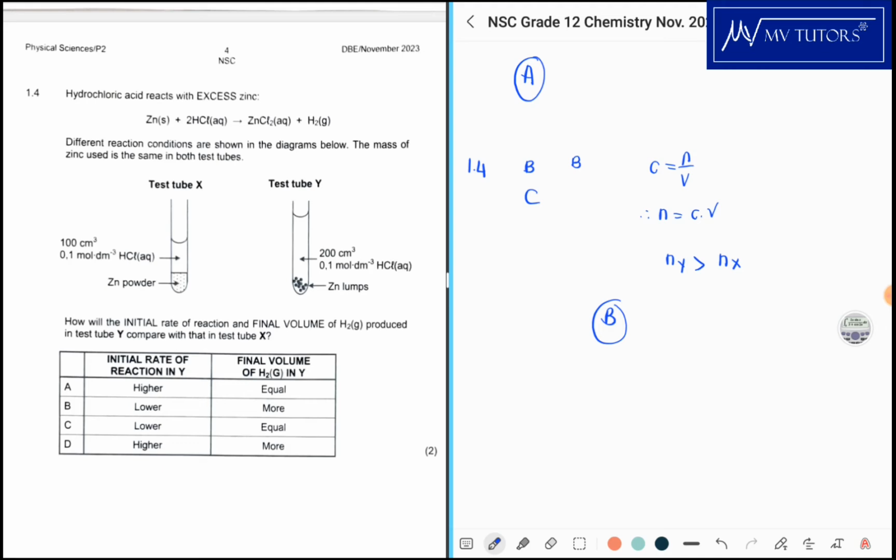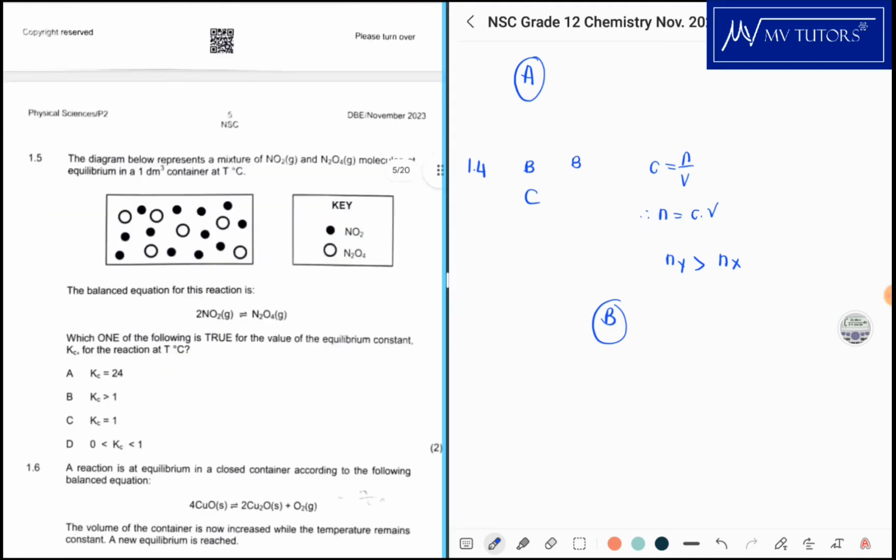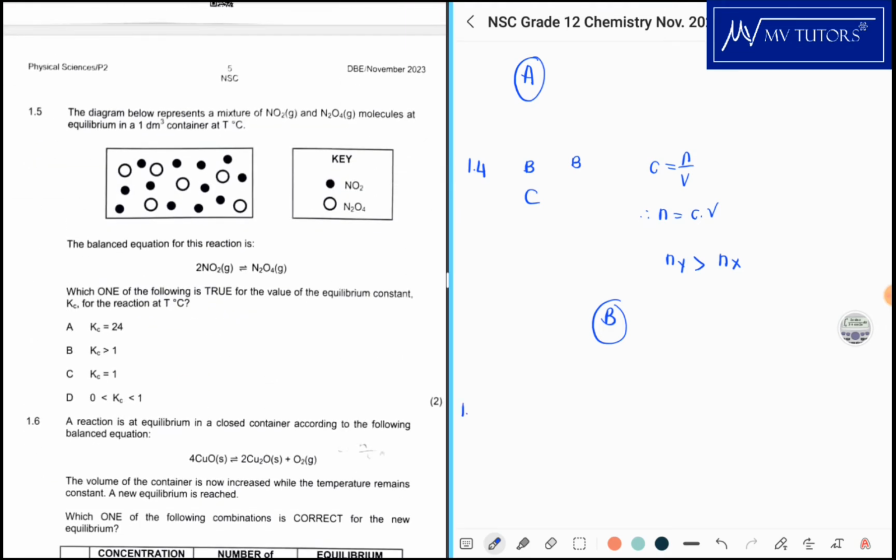Okay, and then now moving right along to question 1.5. It says the diagram below represents a mixture of nitrogen dioxide as well as dinitrogen tetraoxide molecules at equilibrium in a 1 cubic decimeter container at temperature T. Basically, for your nitrogen dioxide, you're looking at a concentration of what?